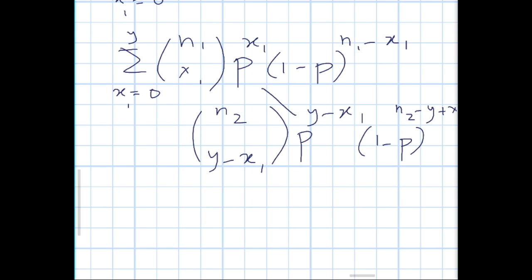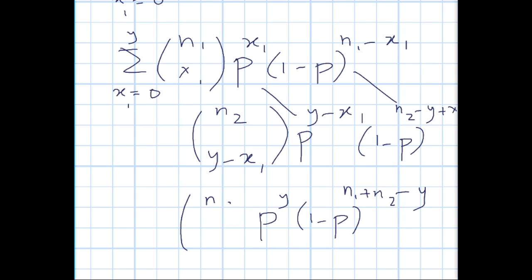Okay, now if I combine these two, I will have p to the y. Now if I combine these two, I will have (1 minus p)^(n1 plus n2 minus y). And if I combine these two, I will have (n2 choose y minus x1) and then (n1 choose x1), and then we have the summation over x1 from 0 to y.